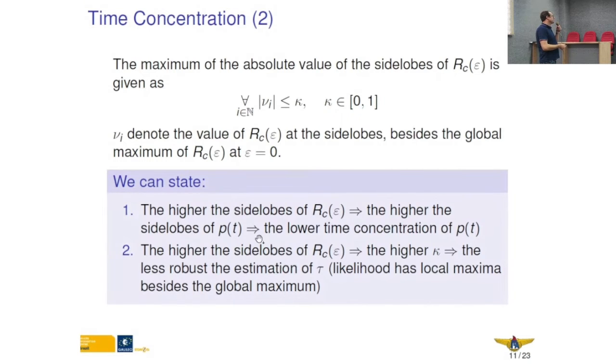The higher the side lobes of the autocorrelation function, the higher this kappa becomes, and the less robust the estimation of the time delay, because we now have a cost function with high side peaks. So we have to introduce an estimator that is maybe more costly, more intelligent than the gradient ascent method that we just discussed before.